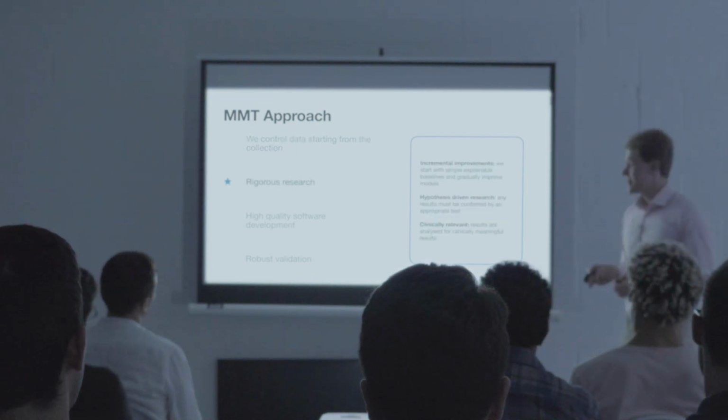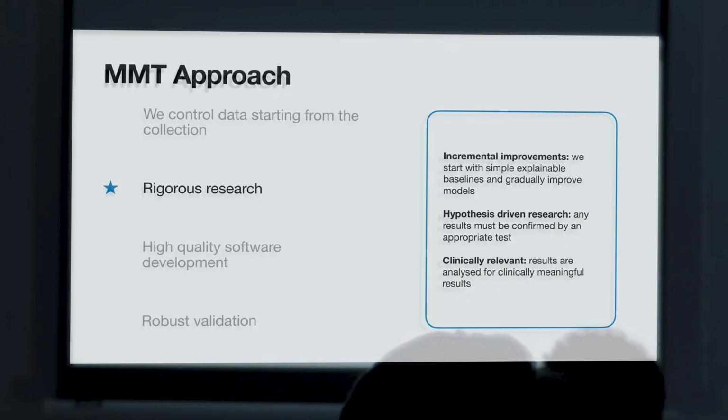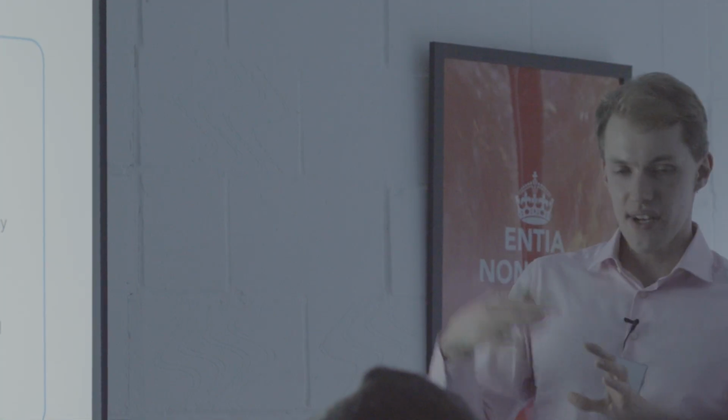Rigorous research, it's about our models. It's the most exciting part for me. How we do it: we try to start with very simple baselines. So we try to build explainable models, so we know exactly what is going on in the model, how it works, and we gradually improve. So we do incremental improvements to the models.